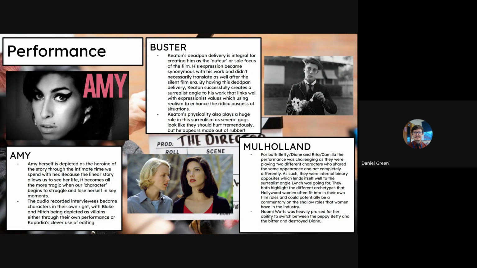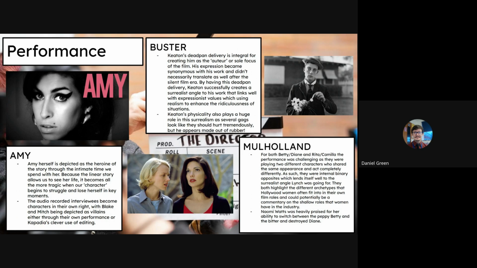So Buster Keaton's deadpan delivery is integral for creating him as an auteur, and I put auteur in quote unquote because obviously the term auteur wasn't really coined at this point, but he became the sole focus of the film. So his expression became synonymous with his work and didn't necessarily translate very well after the silent film era.